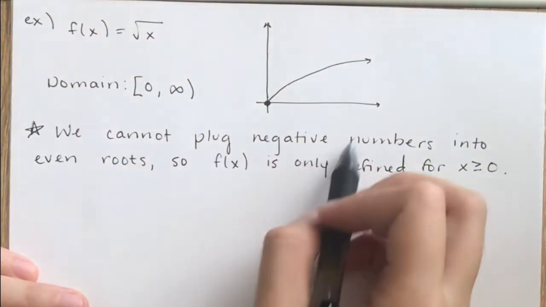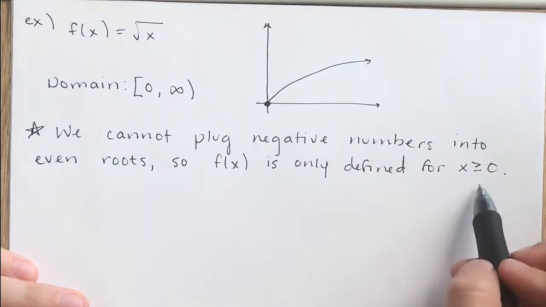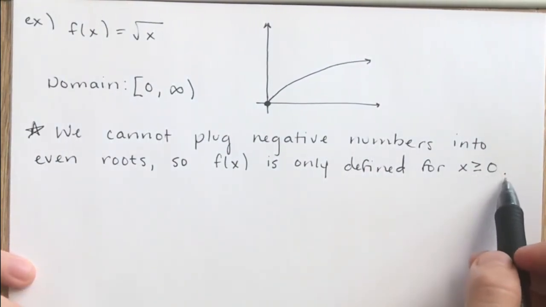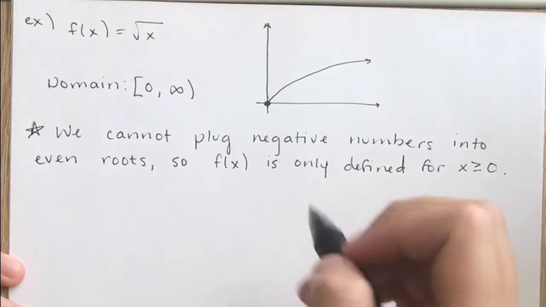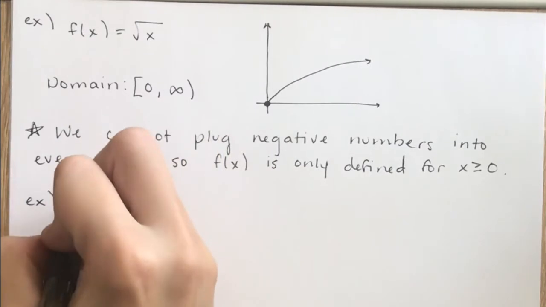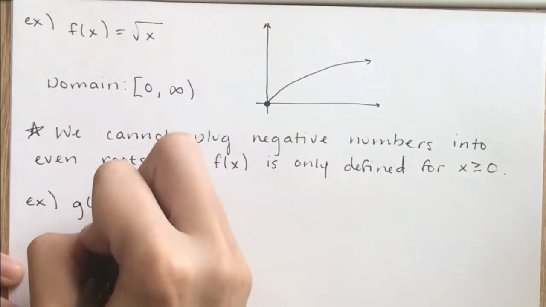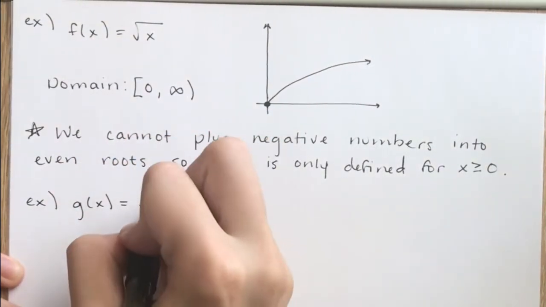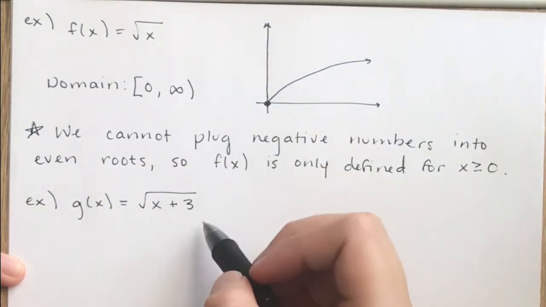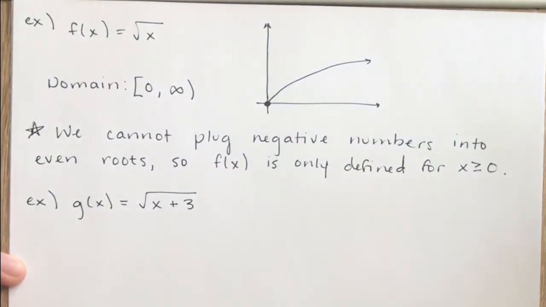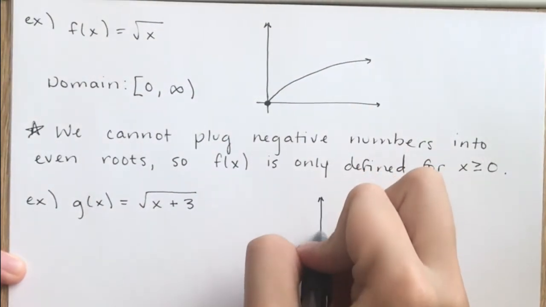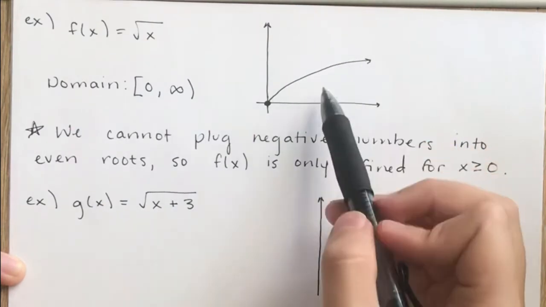So because we're not defined for negative numbers, we are only defined for x greater than or equal to 0. So for example, let's say we have g of x is the square root of x plus 3. So what's up with this function? We know from transformations, what's different about this graph from this one?